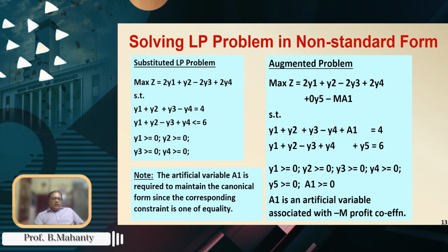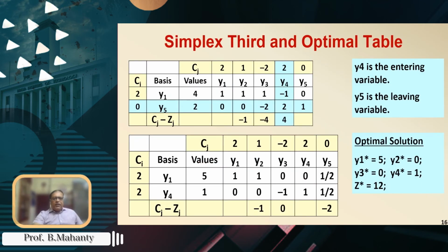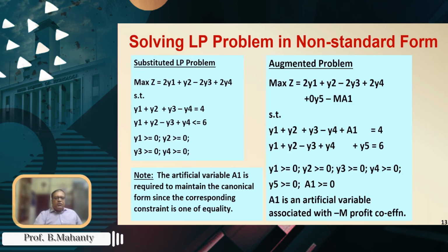We are not interested in individual values of y3 and y4. Because in the original problem, it is y3 minus y4 that is important. But in fact, if you look at the final solution, the optimal solution says y3 equal to 0 and y4 equal to 1. So it is that minus 1 which is the value that we are interested in.